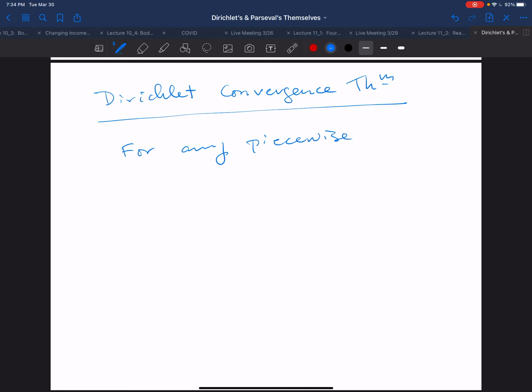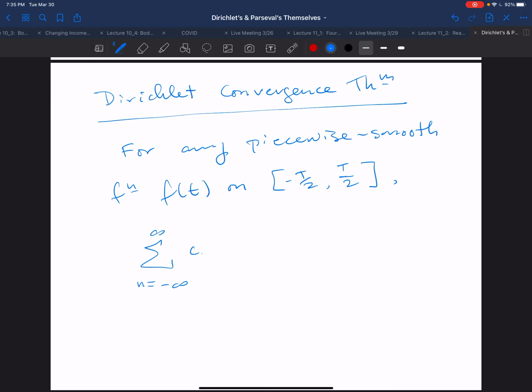So if we have a piecewise smooth function f of t on the closed interval from minus T over 2 to T over 2, if we sum the entire Fourier series, then for a given value of t, it actually converges to f of t itself.